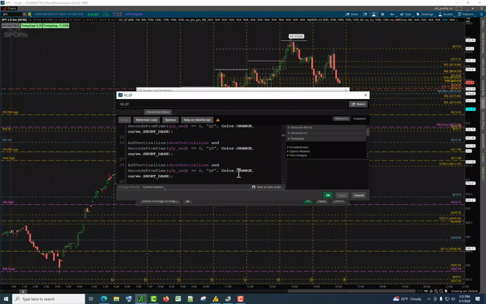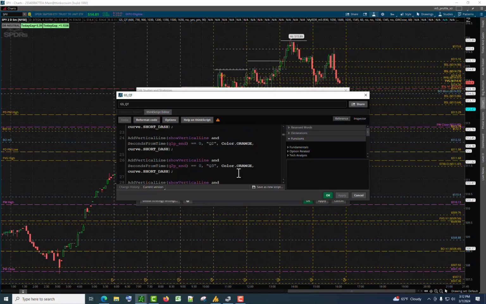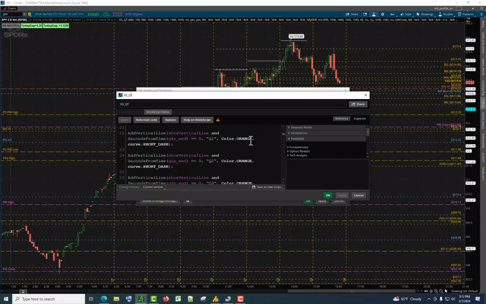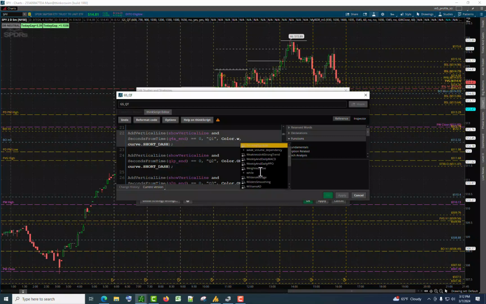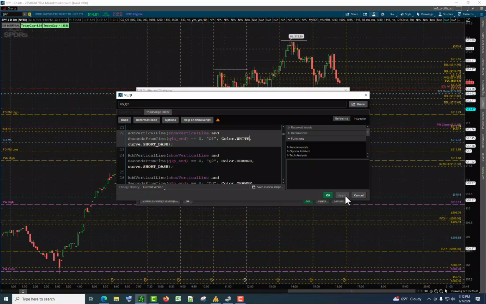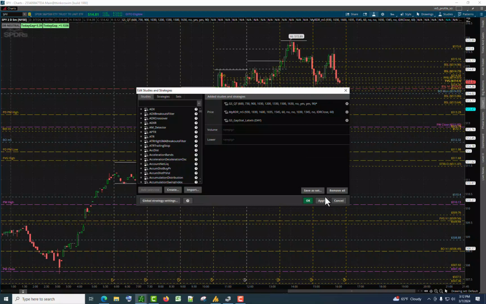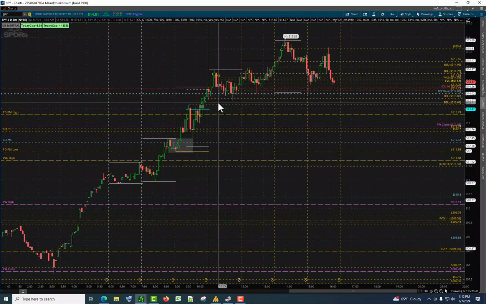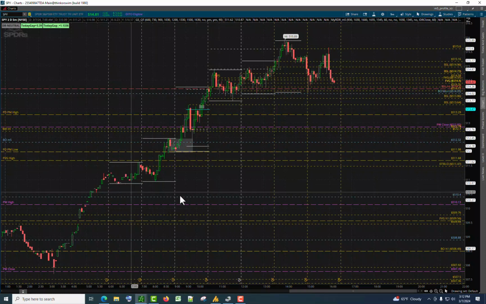We want the Q1 PM to be white color. Let's see how it's applied. Good, so we divide this into the PM and the AM.